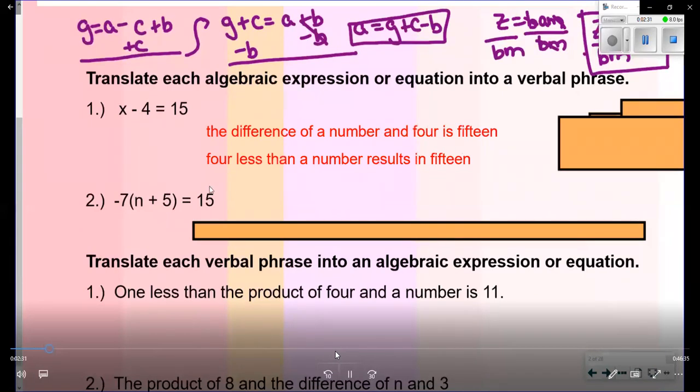Another way you can write it is 4 less than a number results in 15. Like I said, you may have different ways based on what you've learned, as long as when someone reads it, they can translate it to exactly what we started off with, then you're on the right track.